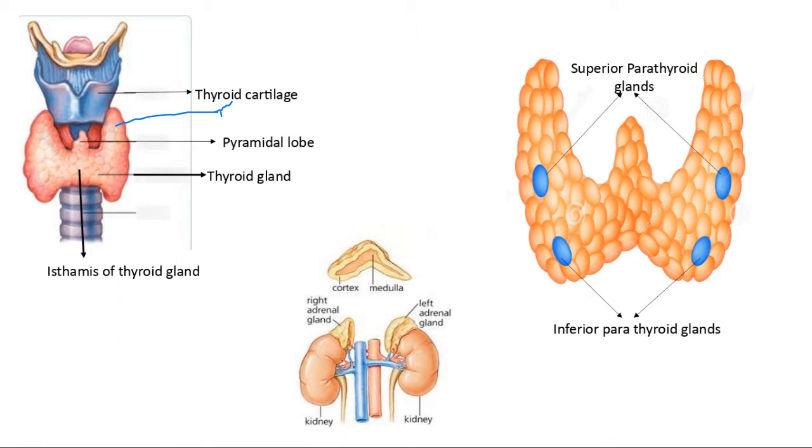Next, suppose this: identify this structure and at what level it is present. What will you write? You will write the isthmus of the thyroid gland, and then at what level it is present. Okay.